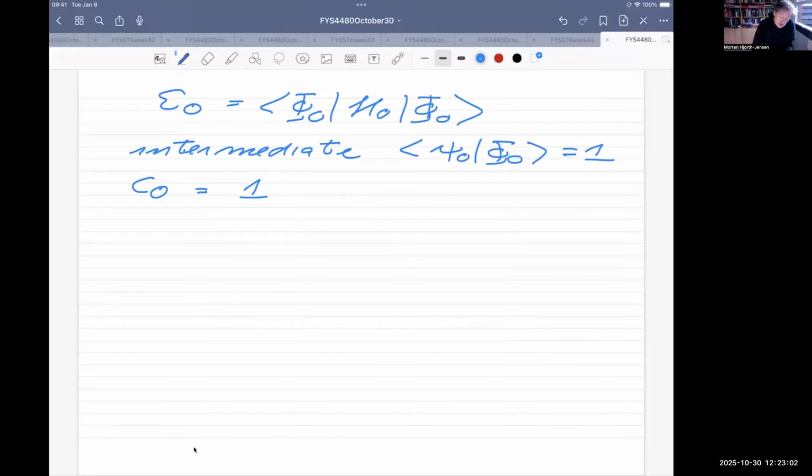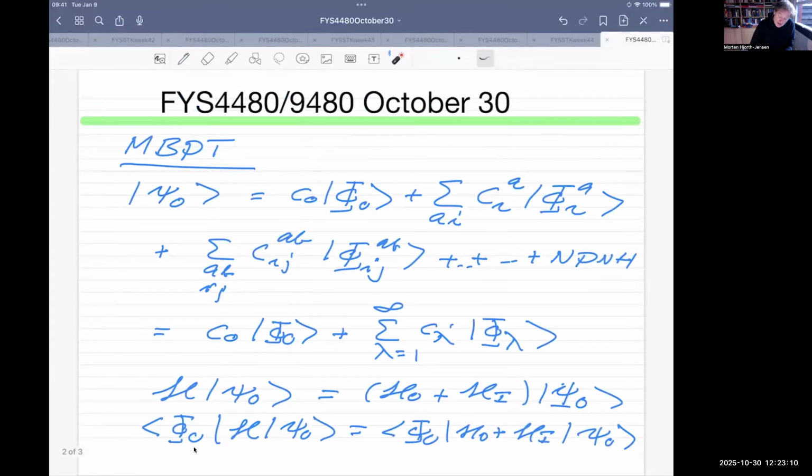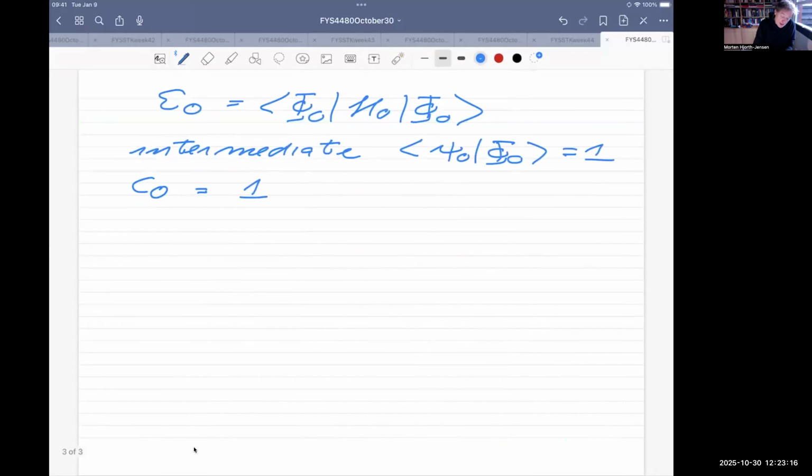Now, if we look at this equation which we have here, and if we go back to what we have here, then we know that we have H0 acting on phi 0 equal to this epsilon 0 times phi 0.